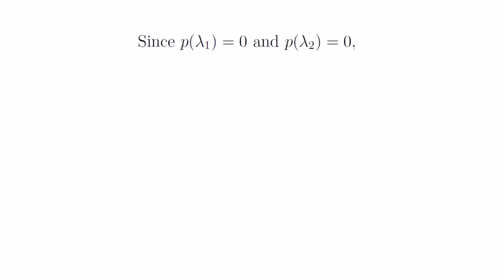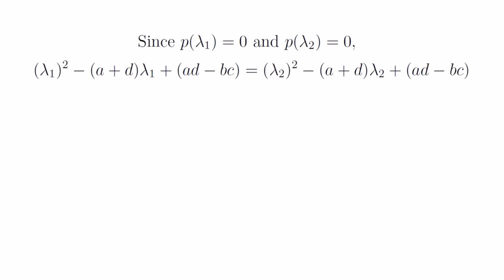Since p of λ1 equals 0 and p of λ2 equals 0, λ1 squared minus (a plus d) λ1 plus ad minus bc equals λ2 squared minus (a plus d) times λ2 plus ad minus bc.